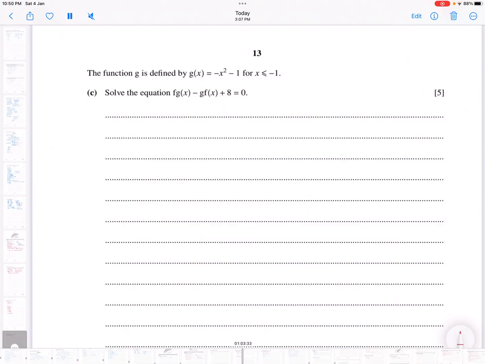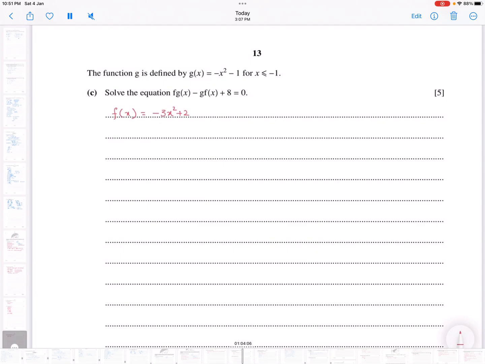In part C, function g is defined by this. Solve the equation f of g of x equals g of f of x plus 8. So it's a composite function. You can write the function g of x into the function f of x. So f of x is minus 3x squared plus 2.